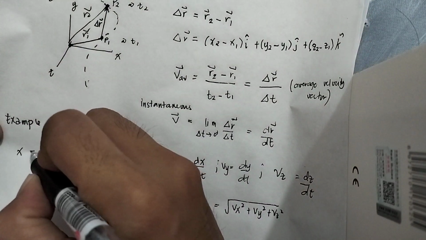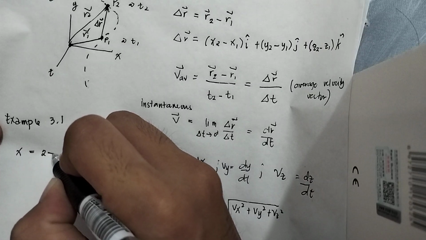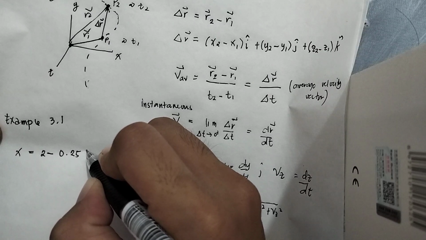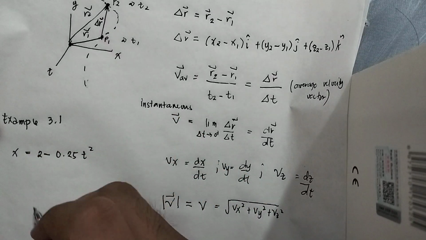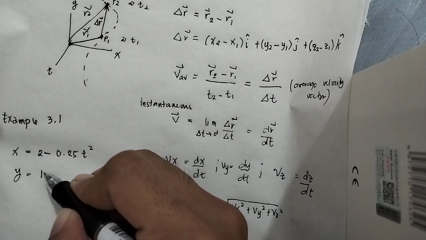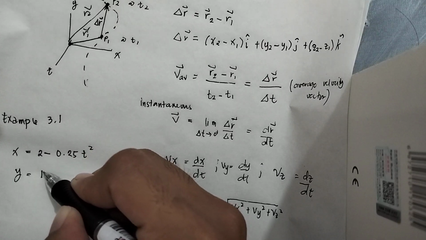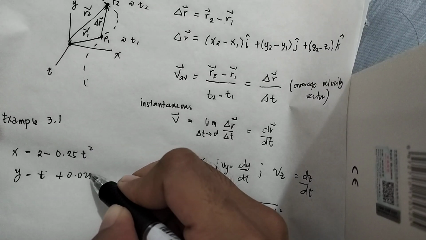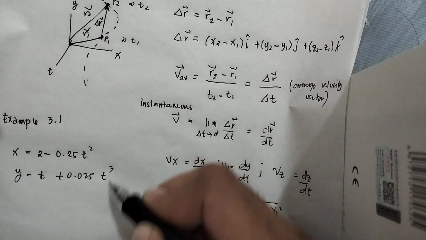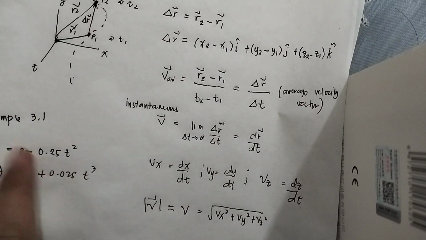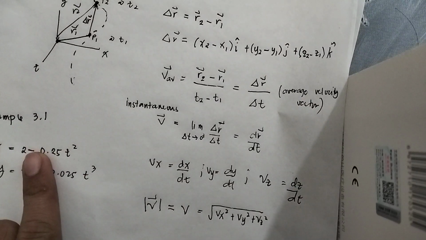So, x is 2 minus 0.25 t squared, a function of time. So, y is 1 times t, or t na lang na siya, plus 0.025 t cubed. Wala na nato na akong mga units, pero same thing ra na sila.